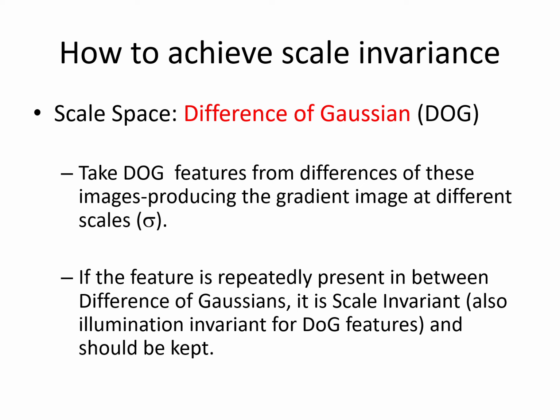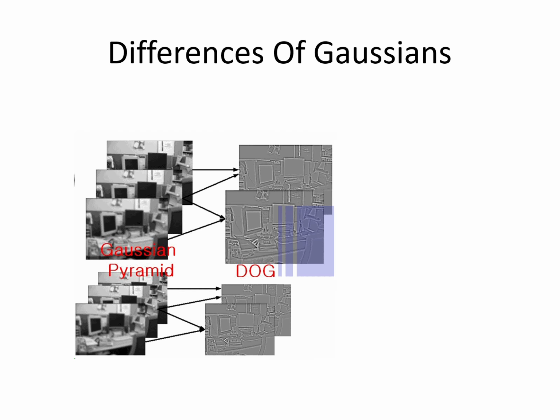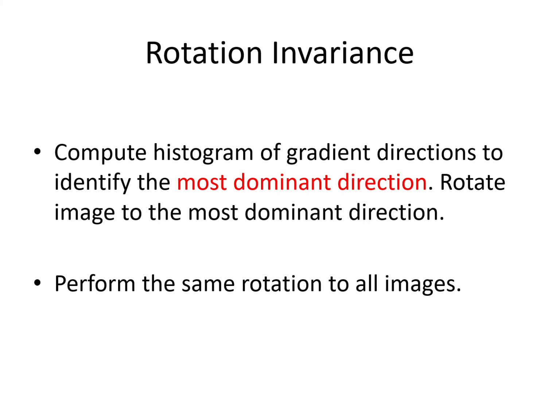If a feature is repeatedly present in between differences of Gaussians, it is scale invariant. Also, illumination invariant for DoG features, and it should be kept. The first one shows a Gaussian pyramid. The second one shows the difference of Gaussians.